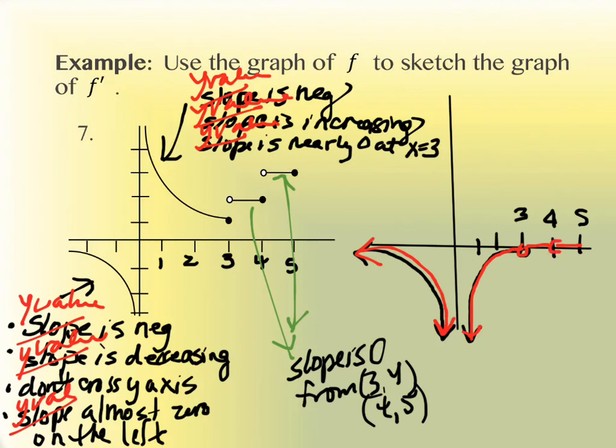So one way to draw that is to say that I've got these open circles going on. The tangent does not exist at those points. Now your point at 5 could be a closed-in circle. It could be an open circle because we don't have any other piece after 5 to compare it to, but it certainly looks like it ends. So it's up to you how you want the 5 to end, but the rest of it actually has open circles at 3 and 4.